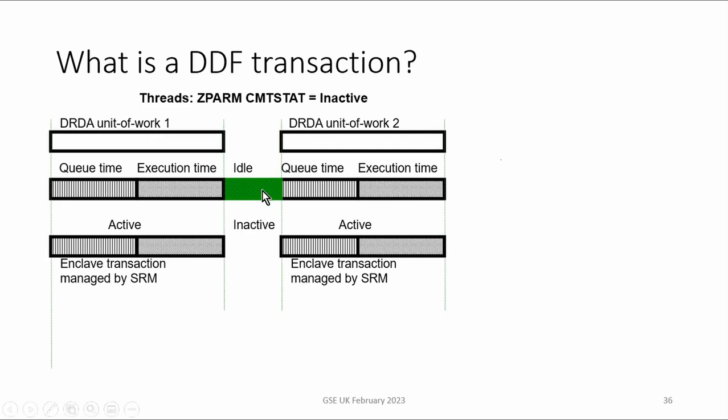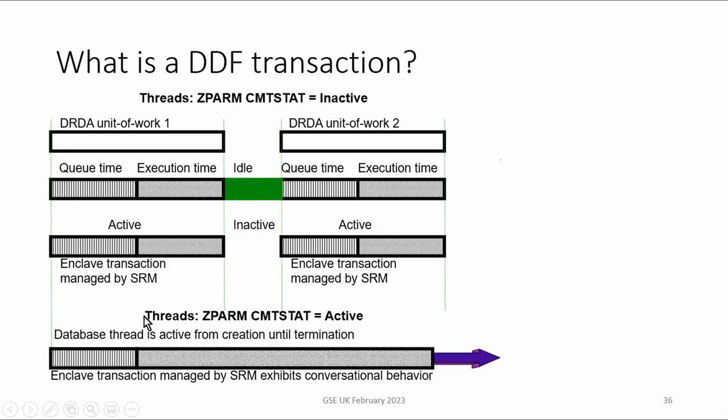The thread will be idle, and then when we reconnect and start running again, we get queue time and execution time. So each of these two parts, part 1 and part 2, are going to be active threads, and they'll be enclaves managed by the system resource manager individually.